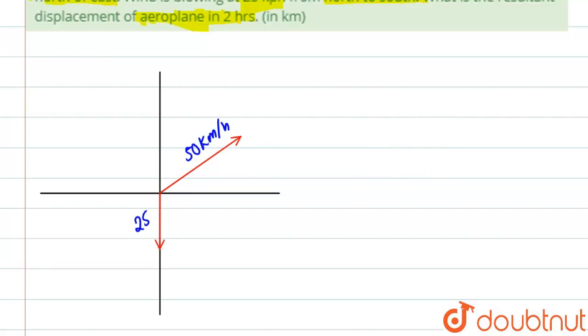So with the component method, we'll get the components on this side of the velocity vector and on this side as well. What are the components?